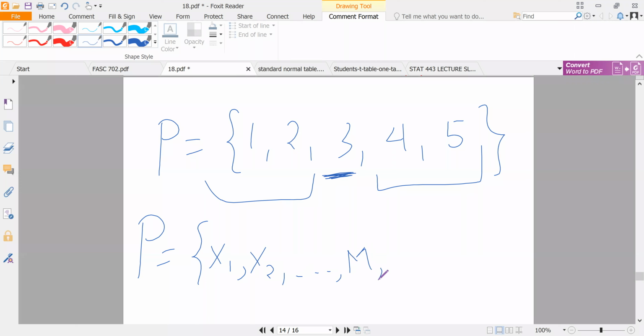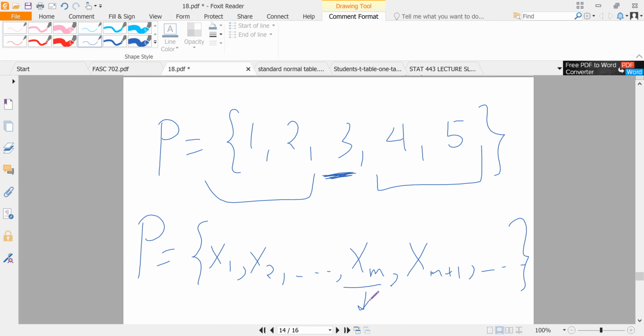Instead of writing the median m, let me write xm to denote the median. And then you continue with xm plus 1, that is the value after, and so on. Now, this xm is the median.